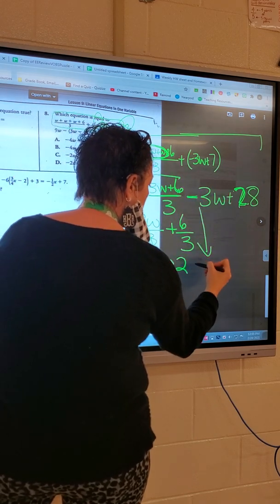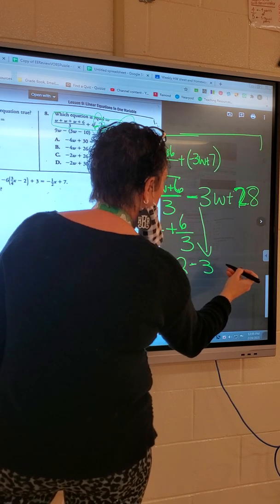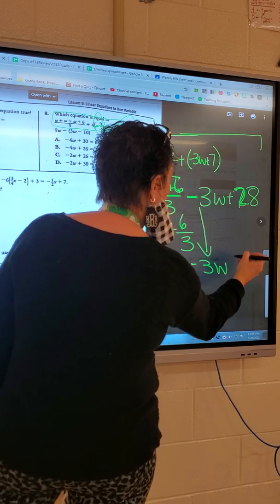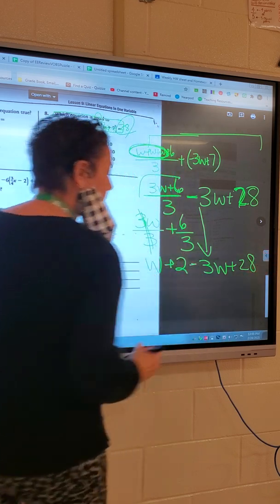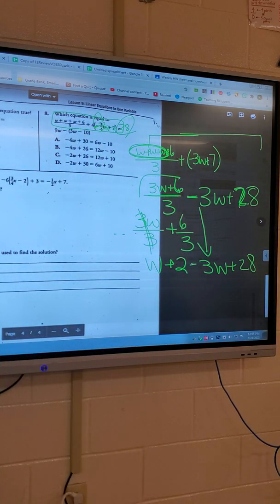I'm bringing this down. Minus 3w plus 28. Is everybody with me? See where I am. Told you we were going to be stacking it on top, stacking it on top, didn't I? You see how far back we're going and picking up stuff?